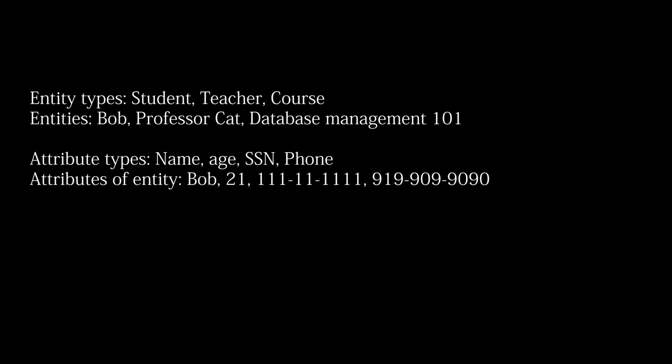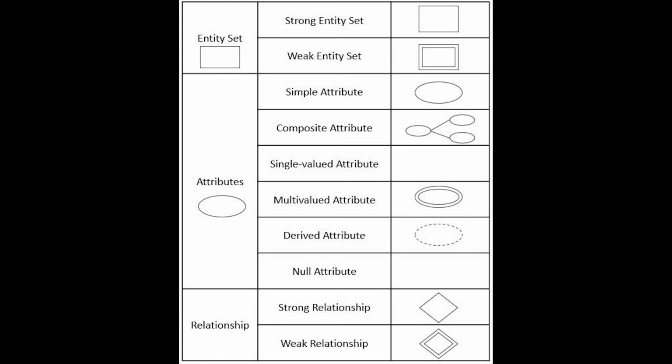For example, attribute type color can be set to be either black or white, which means it is specified to have 2 values. There are many different attribute types in the ER model, like key attribute types, simple and composite attribute types, single-valued and multi-valued attribute types, and derived attribute types.